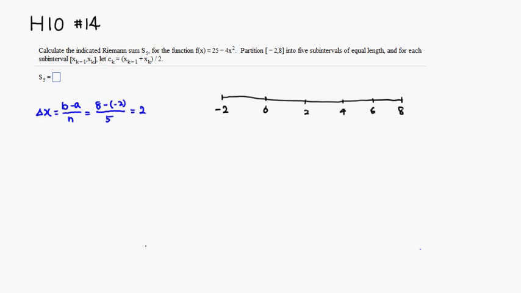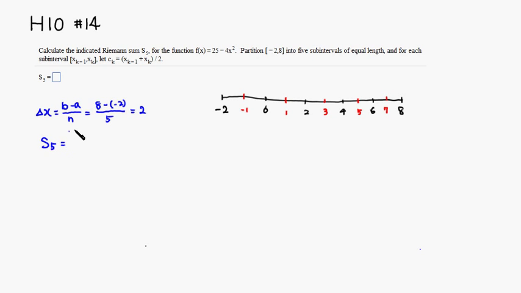C1 is between -2 and 0, so it's -1, and C2 is 1. C3 would be 3, C4 would be 5, and C5 would be 7.